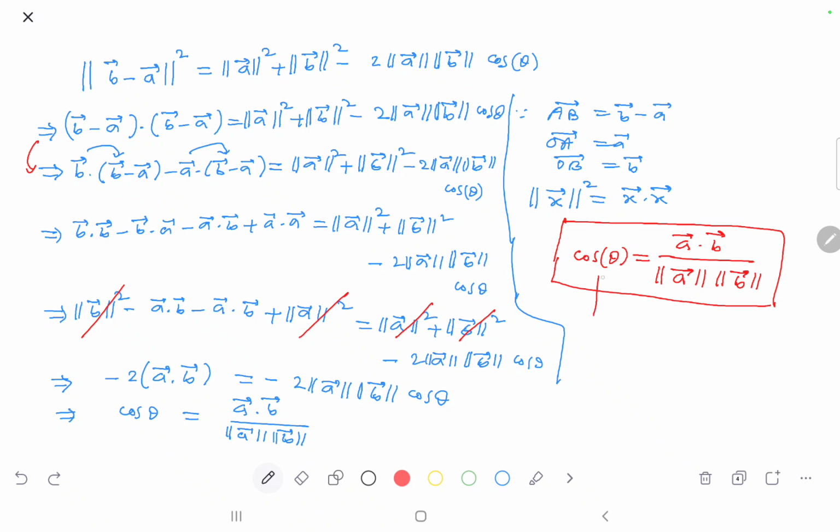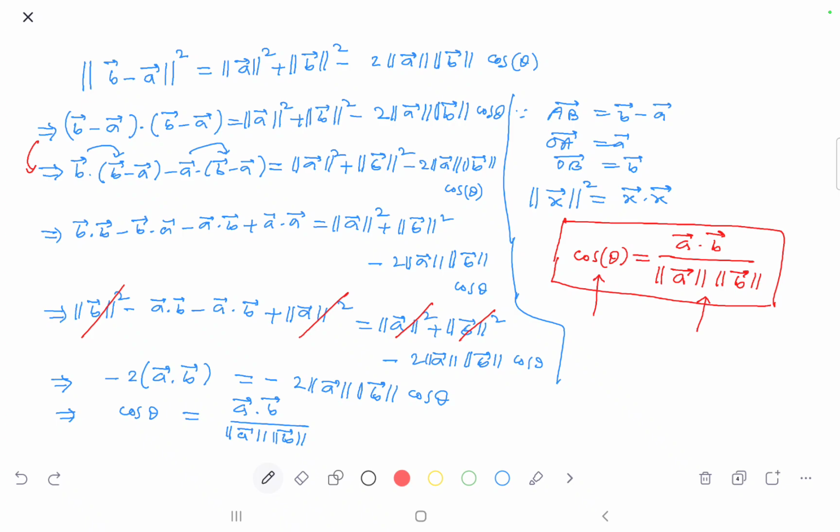See, the left hand side contains the angle, and the right hand side contains the dot product. So we have written the angle using the dot product. Okay, Mayan, that was our target, right? We wanted to write that angle using the dot product, right, Mayan?